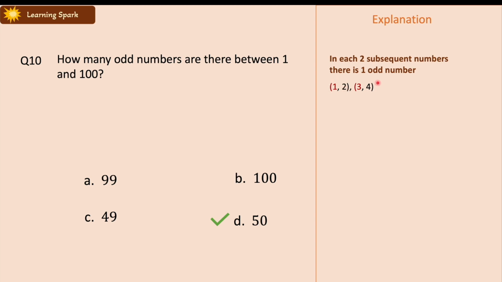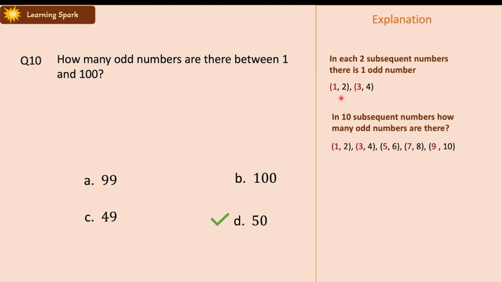If we take 4 numbers, 2 are odd and 2 are even. So exactly half of the numbers are odd, exactly half are even, for any numbers that you take.